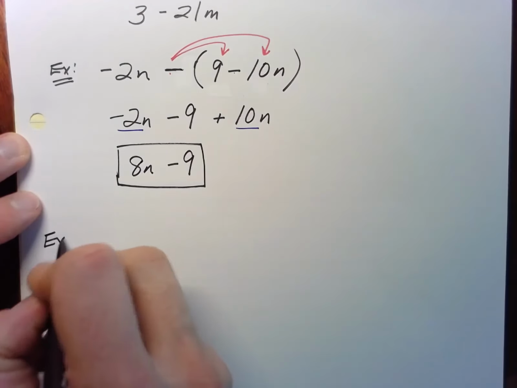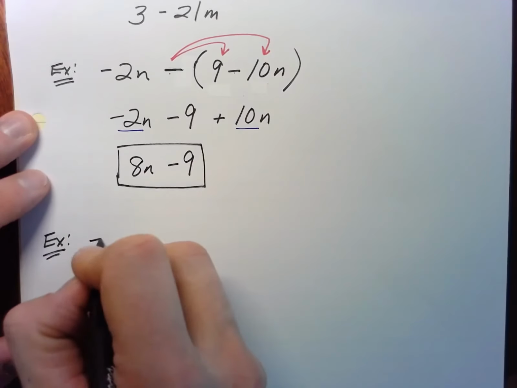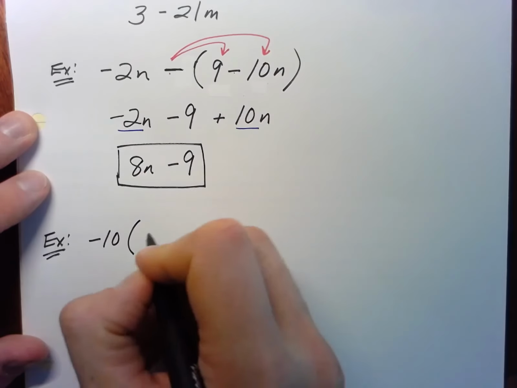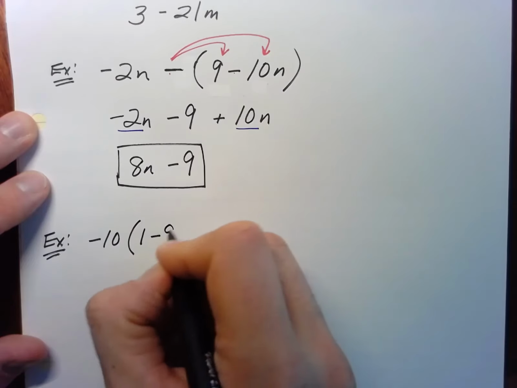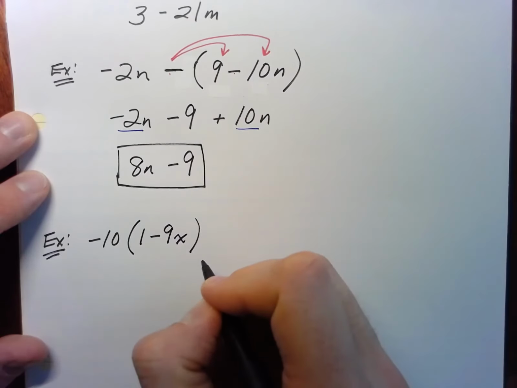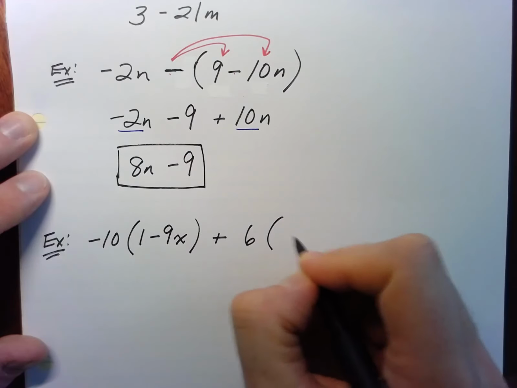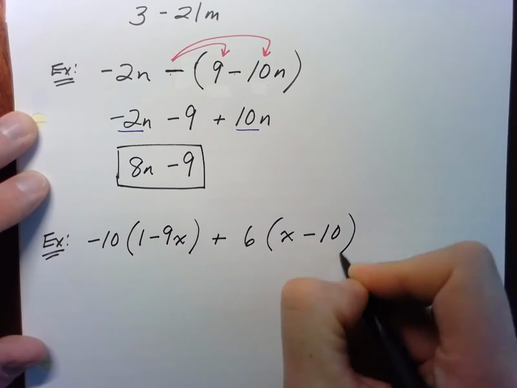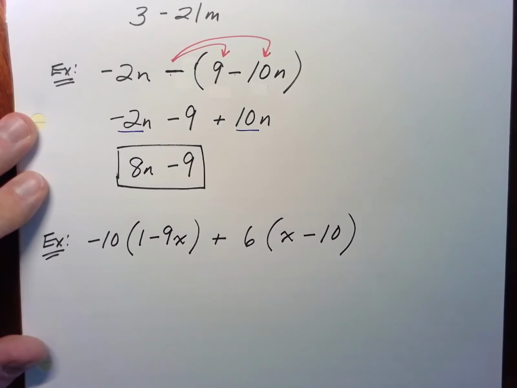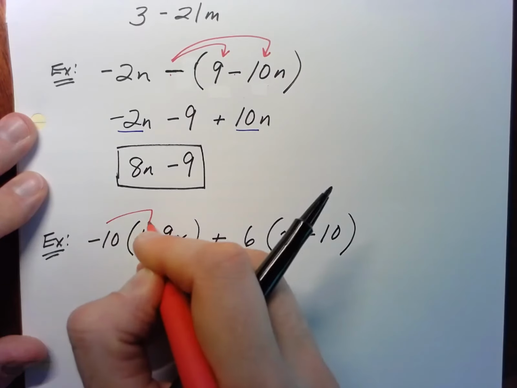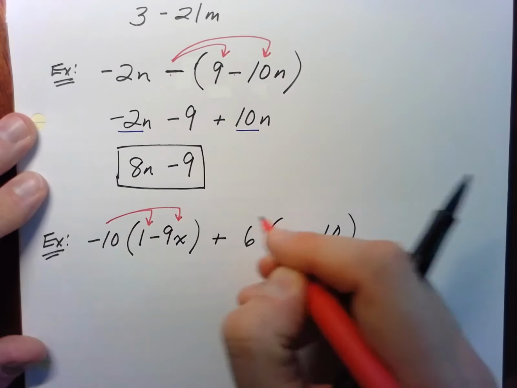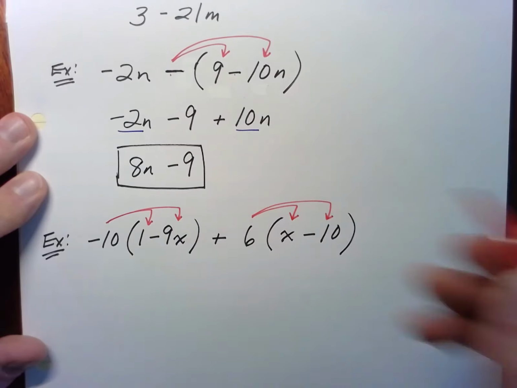Last problem. Negative 10 times the quantity 1 minus 9x plus 6 times the quantity x minus 10. Okay, so we've got two distributions to deal with here, there and there, and there and there.